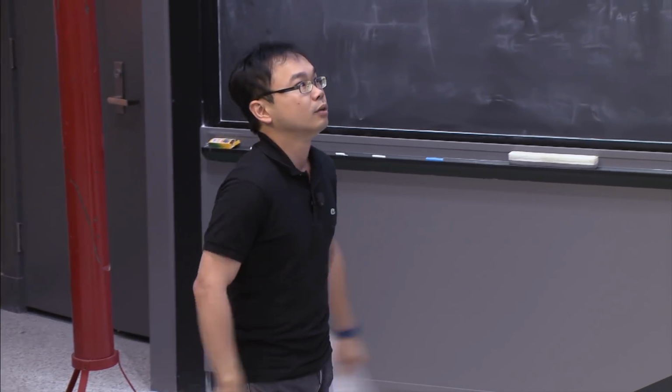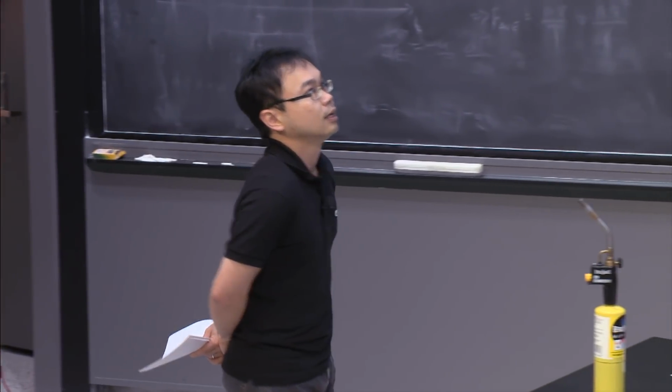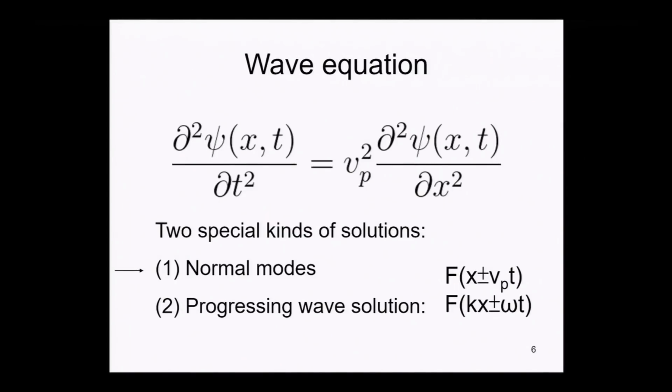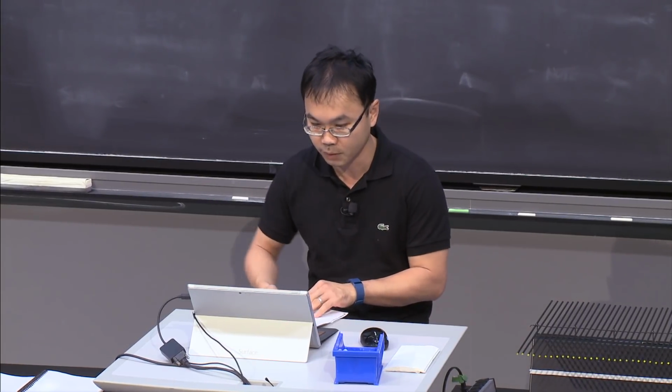Originally, when we were doing the discrete case, those were labeled by j, telling you which mass I'm talking about. Now it's replaced by x. And what we are actually doing is solving an infinite number of equations of motion in one go, and that is the wave equation.